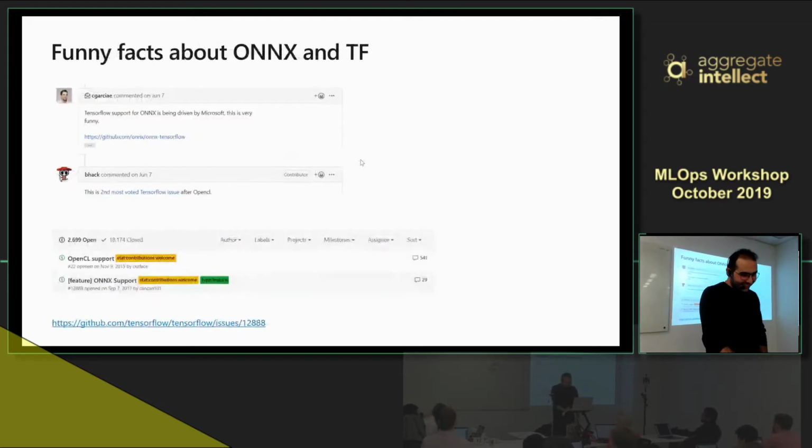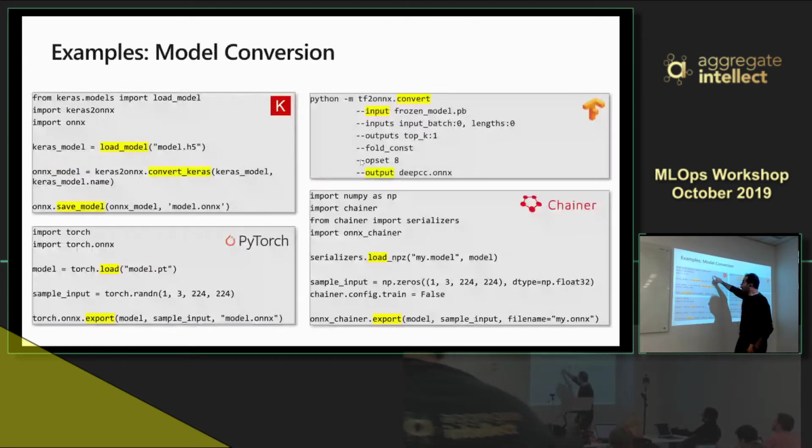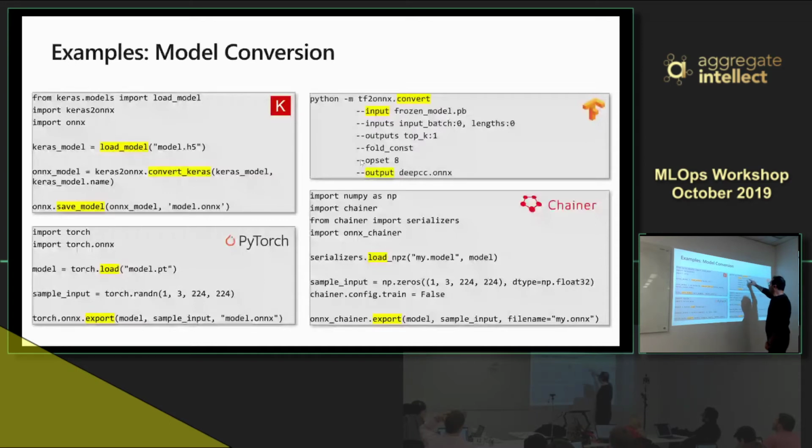It's not native. For Torch, you have an export function from the torch package, and you can export it to ONNX. But from TensorFlow and Keras, you have to import a different package to make that conversion.